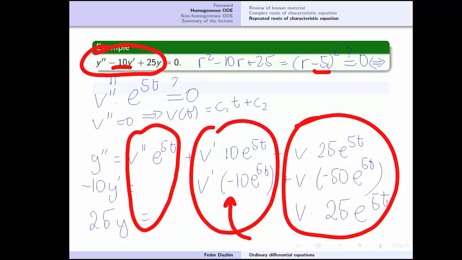And for the same reason, when we group together all the coefficients at v, we are always going to get a 0, whenever our original characteristic equation was a complete square. So it is thanks to that fact that we get zeros here and here.